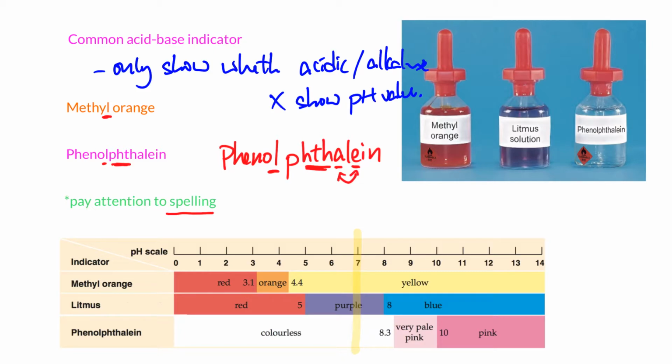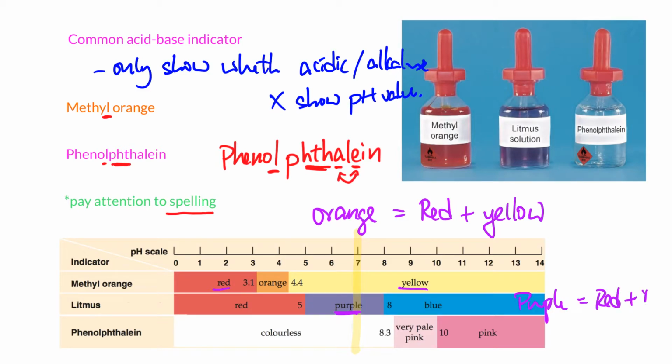For example, orange equals red plus yellow. Two things added together give orange. Purple equals red plus blue. And the last one, very pale pink, is pink and colorless mixed together. So it will be easier for you to remember.